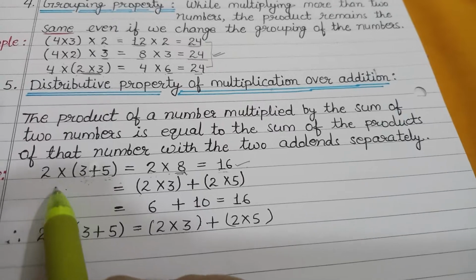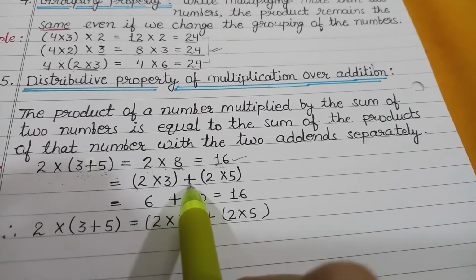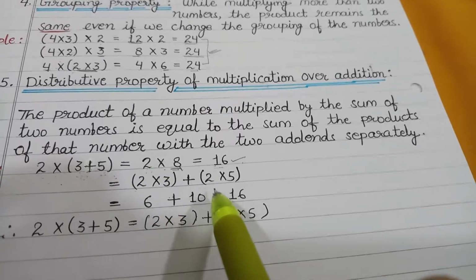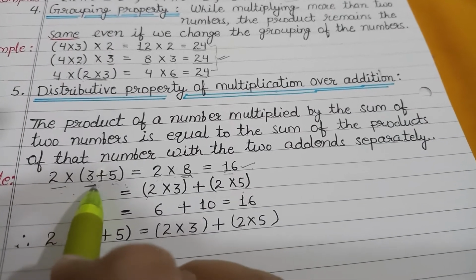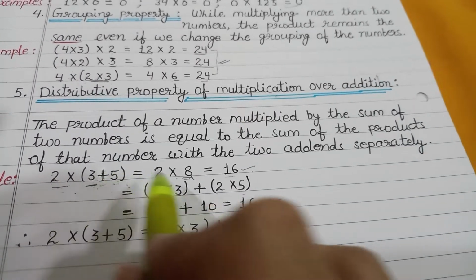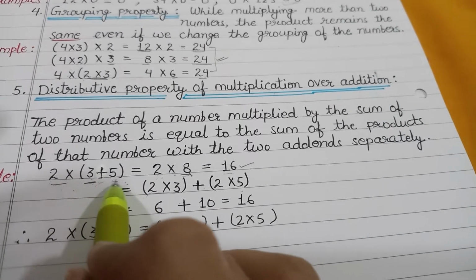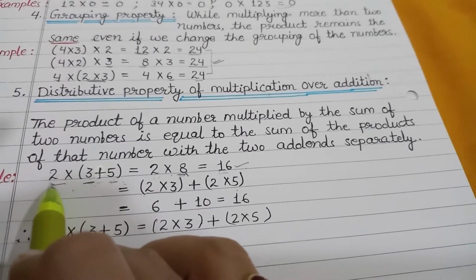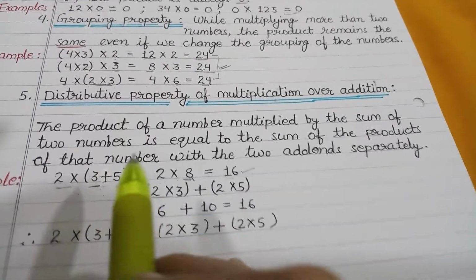So 2 multiplied by 3, this sign of plus comes here, then 2 multiplied by 5. Out of the bracket we have 2, so we will multiply 2 to 3 and 2 to 5 also.